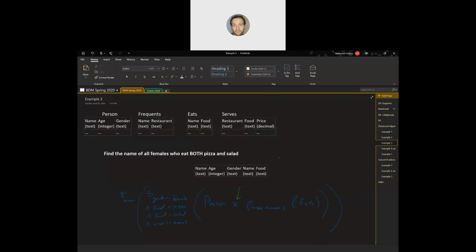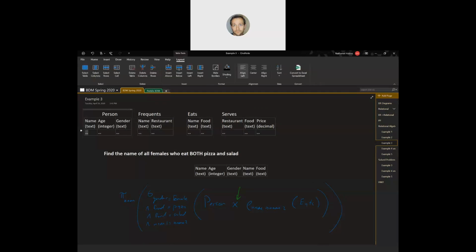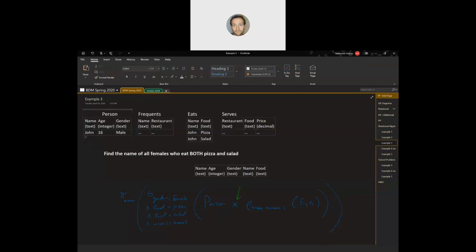Let me add in some things here. John, 16, male. Amy, 18, female. Eats: here I'll just have John, and he eats pizza, and John also eats salad. Actually, I'll delete this one for now. This is a nice minimal example.